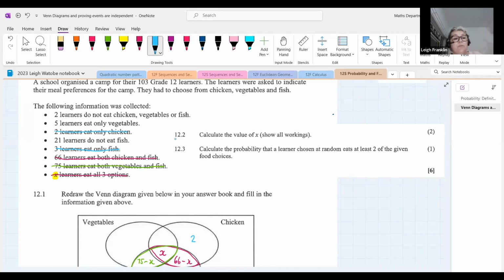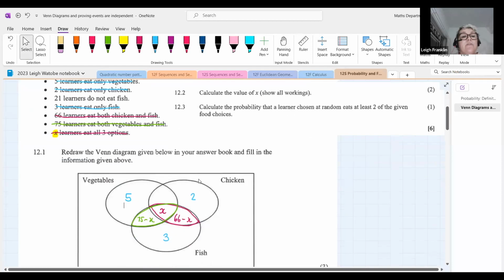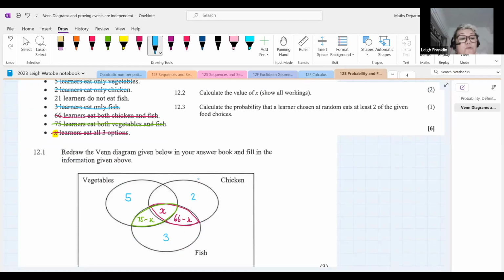As far as the vegetables are concerned, 5 learners eat only vegetables. So that 5 would be over here. Then they say 2 learners do not eat chicken, fish, or vegetables. So that 2 has got to go on the outside.